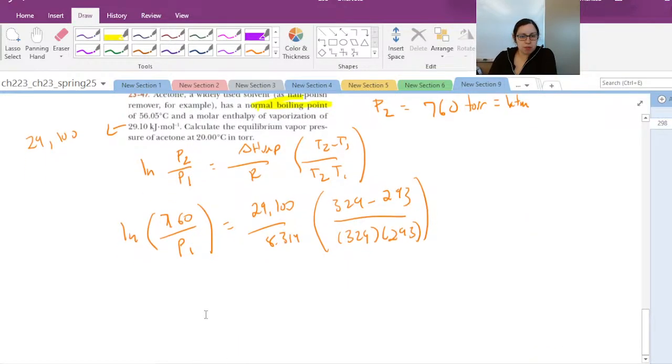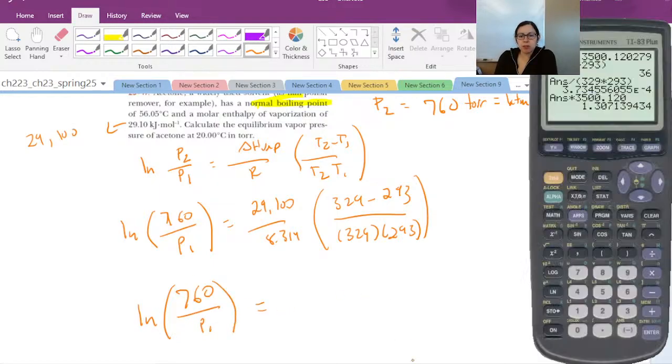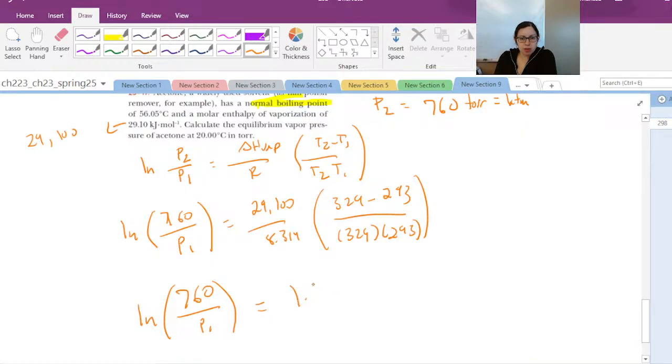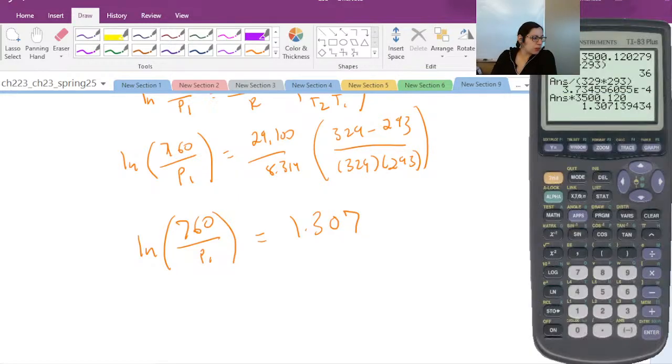So right now I have the natural log of P2 over P1 is equal to 1.307. Did you get something at 60? Oh, I used torr. You could have used 1. No, 64 is my answer. So what was your final answer then in ATM? I got 0.998 for X, if you want.